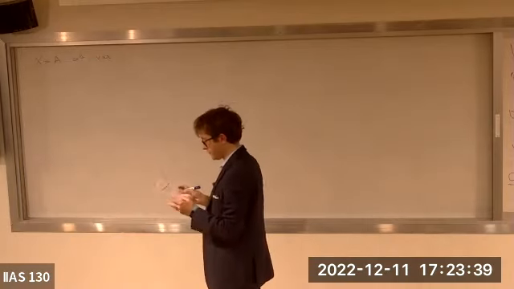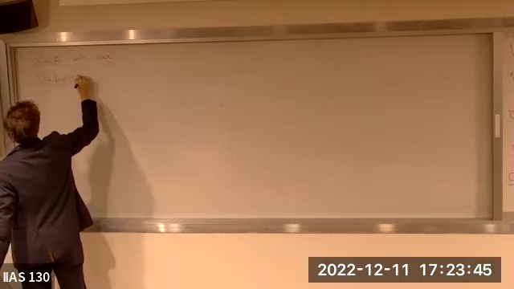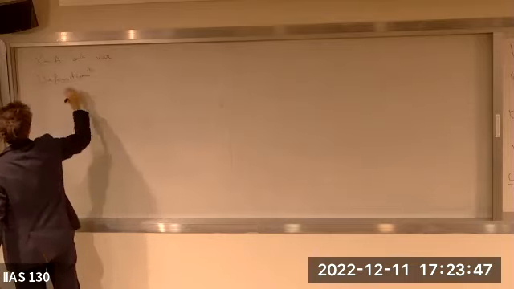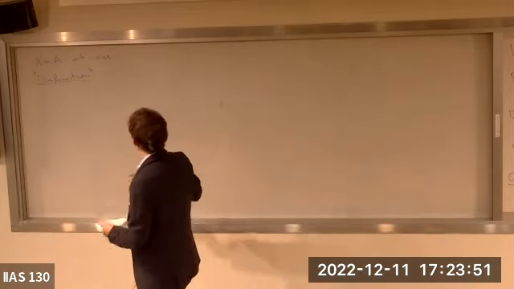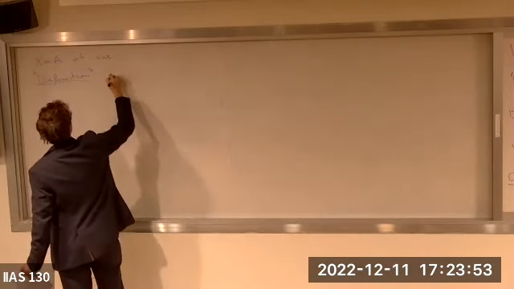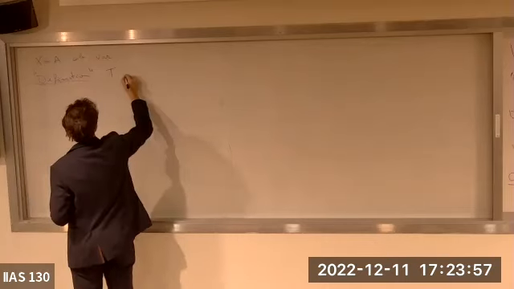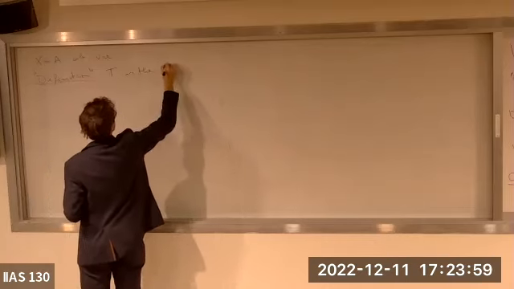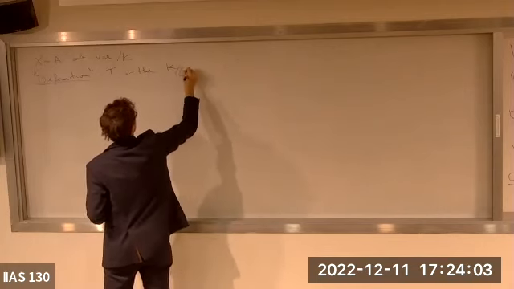I need to define, and this will be a definition in brackets, because this is not the formally correct definition, but it gives the idea, the trace of A. So this will be over Q, the K over Q bar trace.